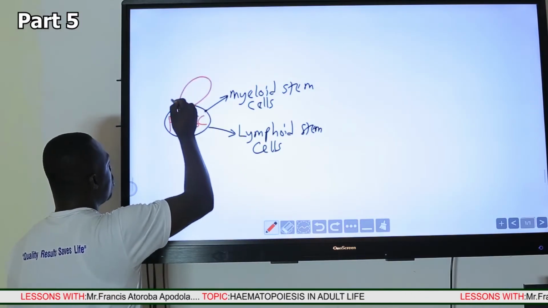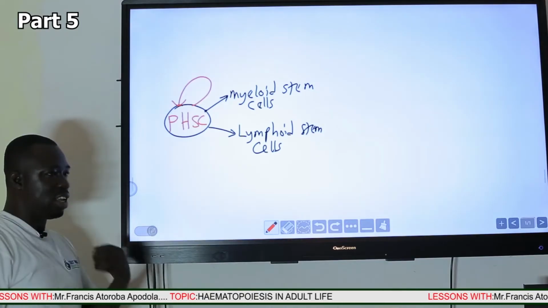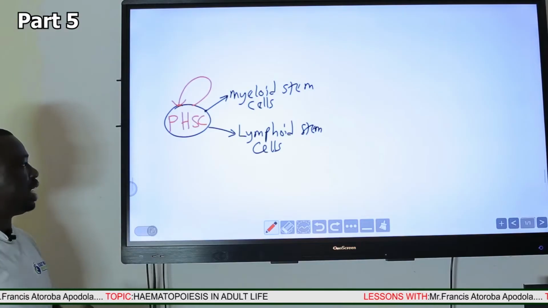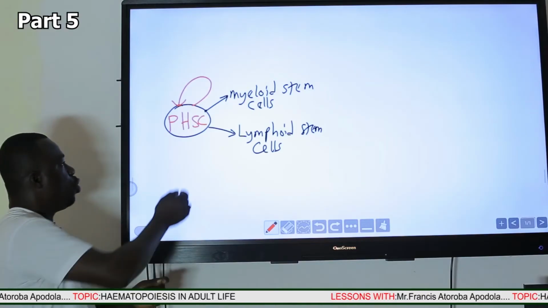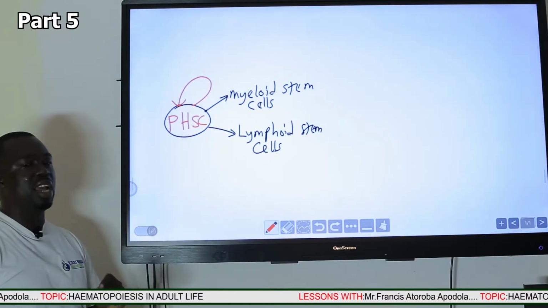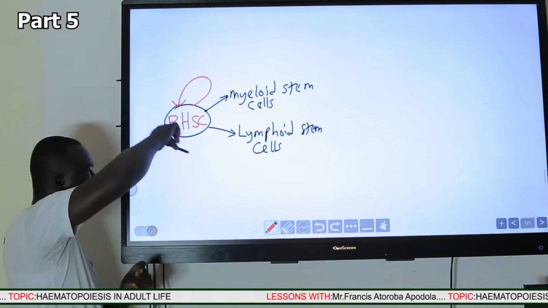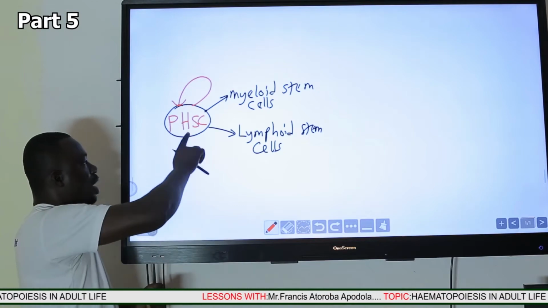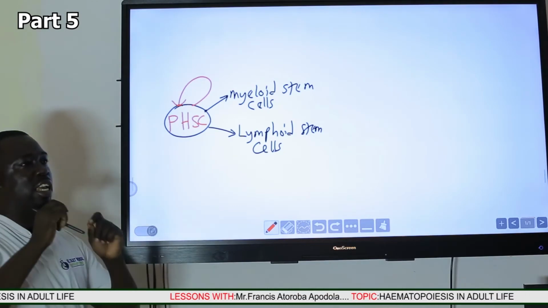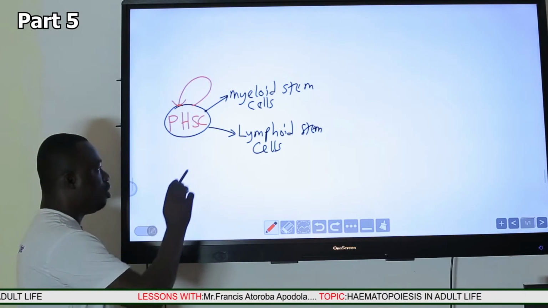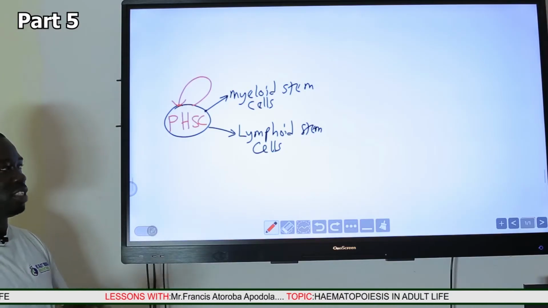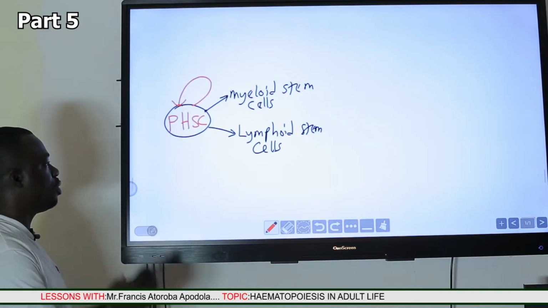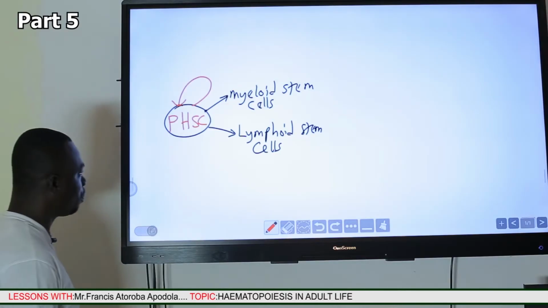This stem cell has a self-renewal property to create a daughter pluripotent hematopoietic stem cell. So a copy is created, and then one of them will undergo differentiation to form the myeloid stem cell and the lymphoid stem cell. This is to ensure continuity of the process of hematopoiesis.